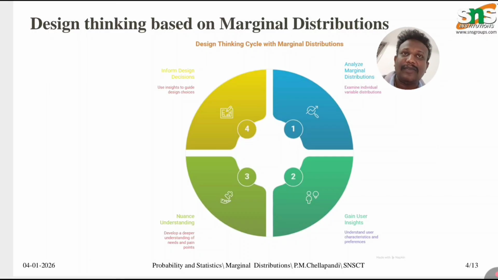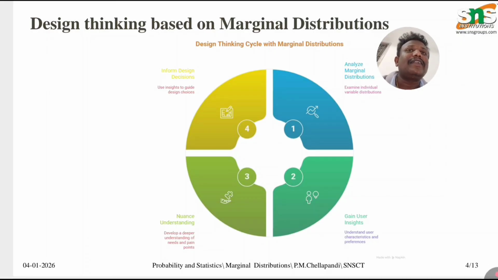Extract information from single variable is our defining part. What is ideate? The solution is use summation or integration. That is our ideation part. Now what is prototype? Create a marginal PMF or a PDF. That is a prototype.